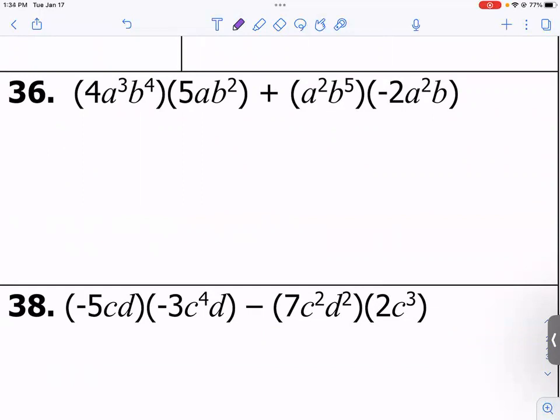Alright, so parentheses, 4a to the third, b to the fourth, other parentheses. You want to break it up? 5a, b to the second, other parentheses. Plus a to the second, b to the third.